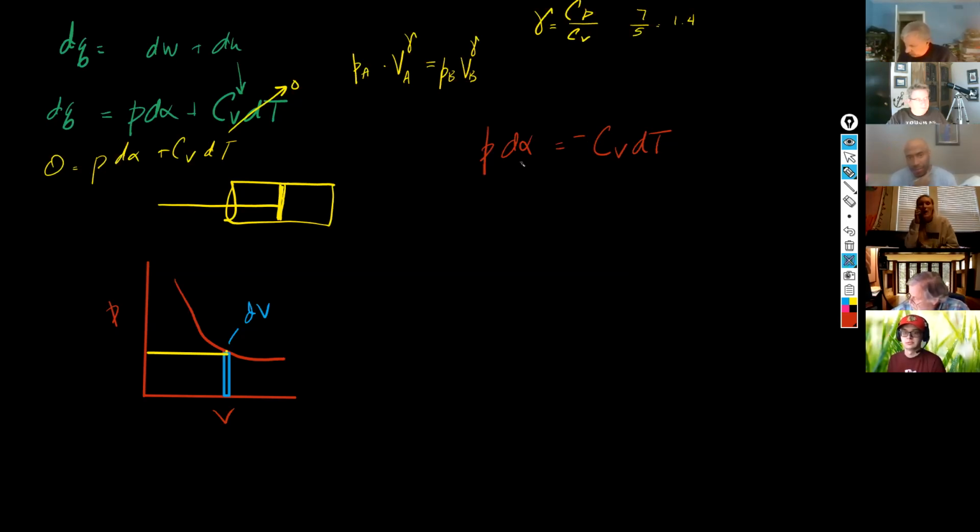What's a work of a gas? Expansion, right? When a gas expands, the pressure drops, the volume expands, and the gas cools. Why does it cool? Because expansion is work. Work requires energy. Energy comes from within. So when it's doing positive work, the temperature will get colder, negative dT.